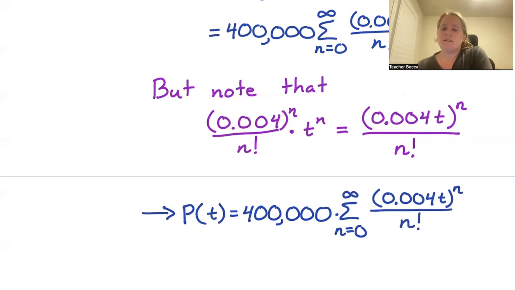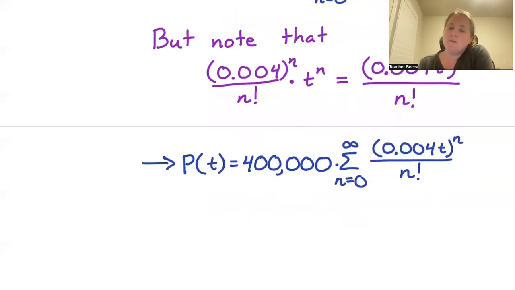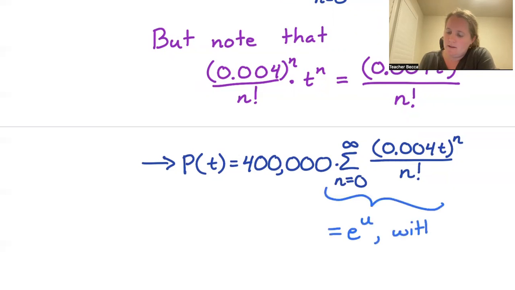But this series, that sum from n equals 0 to infinity of 0.004 t raised to the n over n factorial, is just the series for e to the x, where x is 0.004 t, or e to the u, let's say, with u equals 0.004 t.